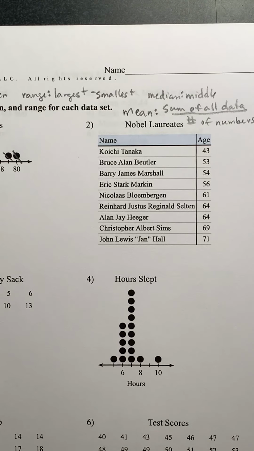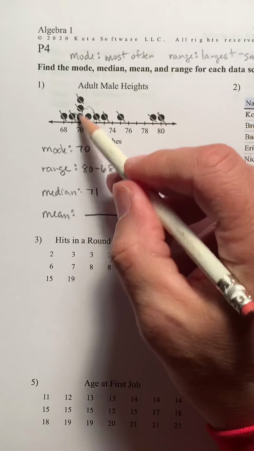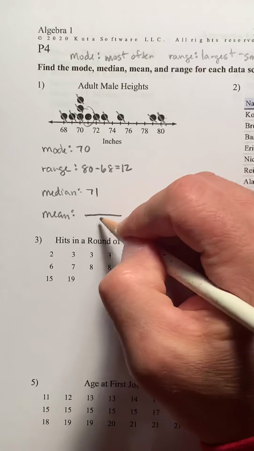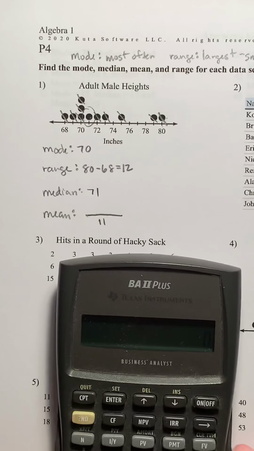So in our particular case here, I always like to know what I'm going to divide by. If we count the data points, remember we had 5 to the left of that, so 6, 7, 8, 9, 10, 11 data points. We know we're going to take whatever we get when we add up all these numbers, and divide by 11.